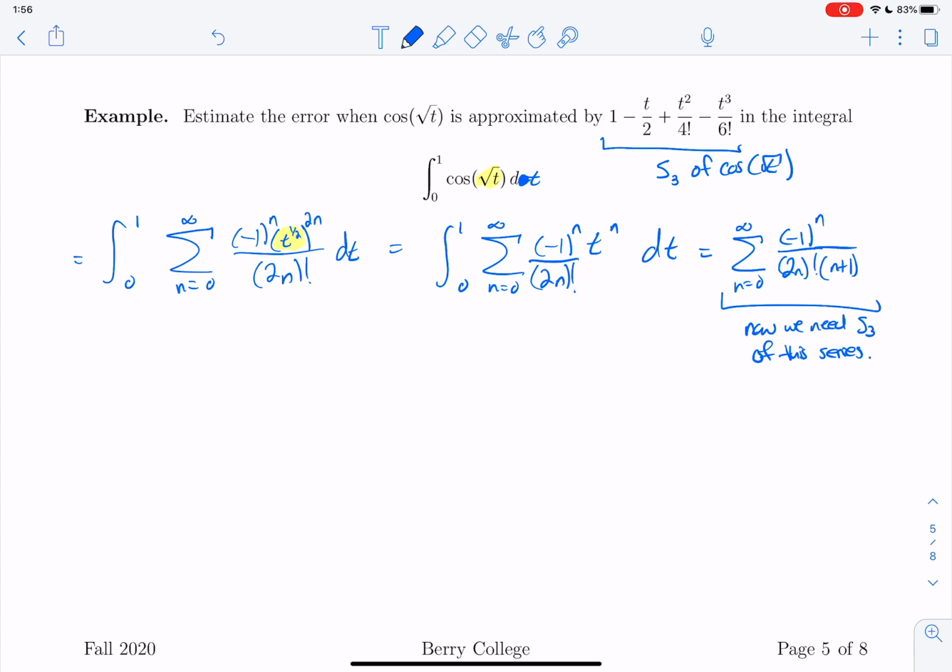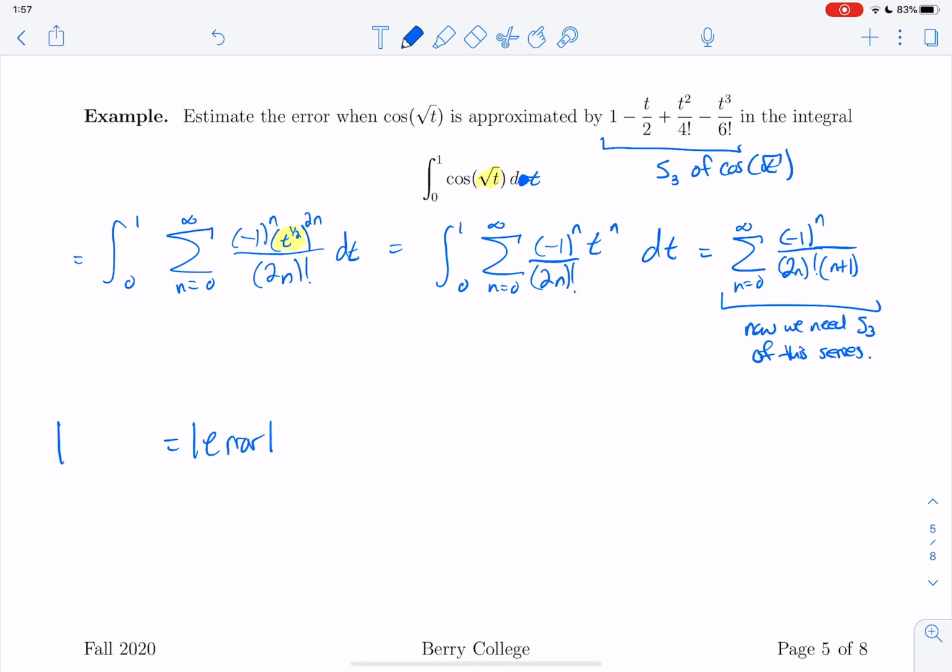So what that means is that if I want to estimate the error when this is approximated by this polynomial, I find that the absolute value of the error committed when using this polynomial is the same as approximating this alternating series up to S3.